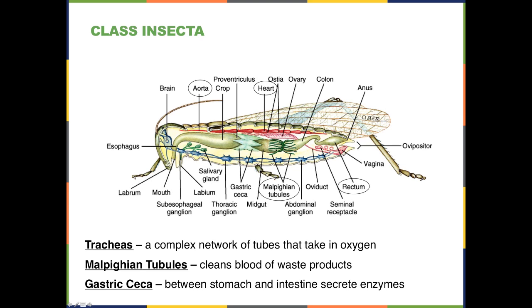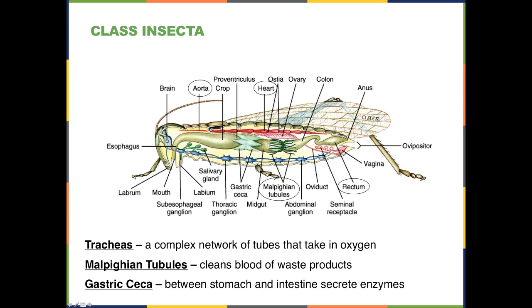This then passes into the midgut, and then it's absorbed. Whatever can be absorbed is absorbed into the midgut, which then passes into the colon and then out through the anus. Now, in this area is something called the Malpighian tubules.